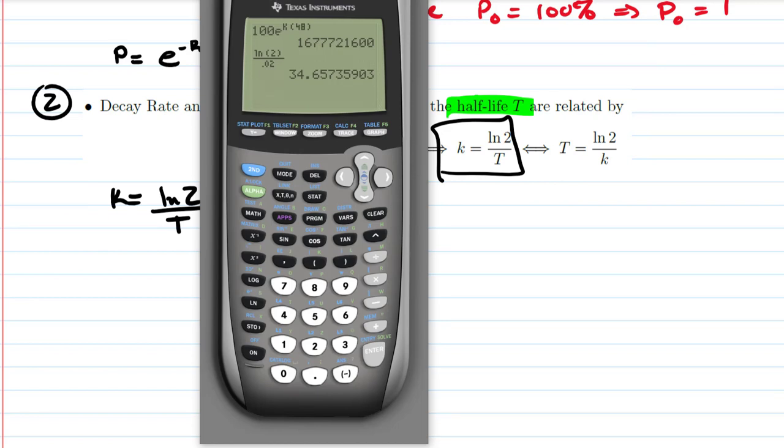So we're going to go ahead and put that in our calculator. So natural logarithm of 2 over 5730. We press enter, and we get this number.